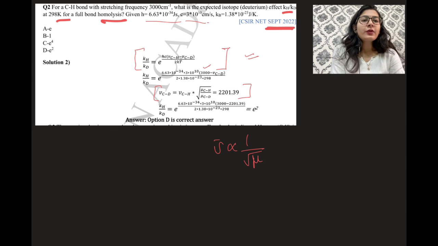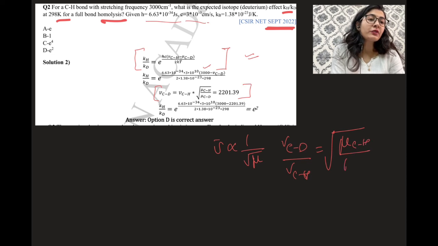So we see that if we have to find out nu CD upon nu CH, this is equal to under root of reduced mass of CH upon reduced mass of CD. You roughly consider the reduced mass of deuterium to be twice that of hydrogen, and for C it's going to be the same. Let me expand on this.